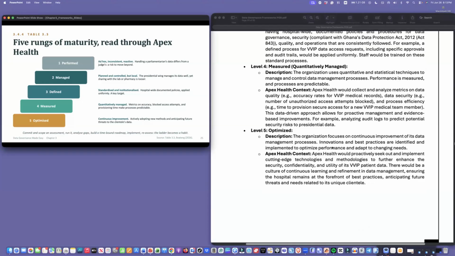You are proactive, seeking out and implementing cutting-edge technologies and methodologies to further enhance security, confidentiality, integrity, and utility of the VIP inpatient data. There will be a culture of continuous learning, even rewarding continuous learning and responsible behavior.